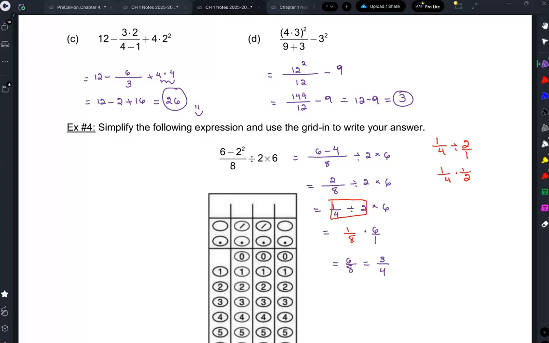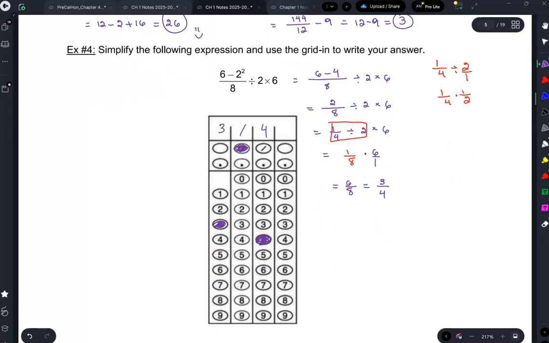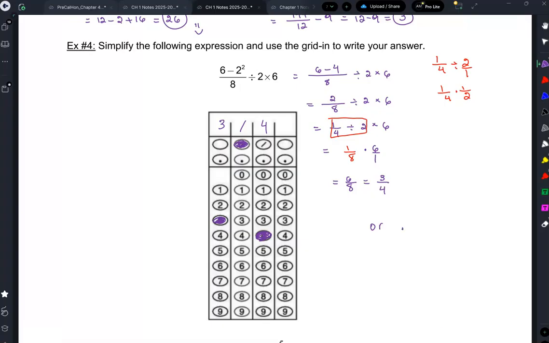So here I write it as 3 over 4, and then we fill it in. 3 over 4. What would it be in decimal? 3 over 4. 0.75. So you could also write 0.75 if it doesn't specify.